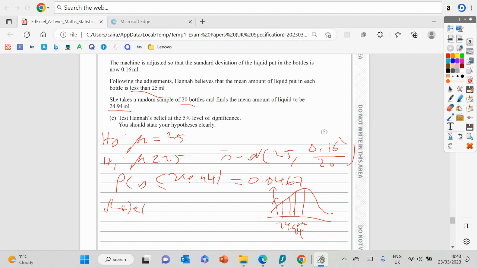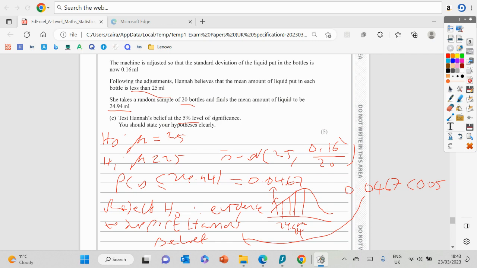So we can reject H0, and we can say there is clear evidence to support Hannah's belief. Or, in other words, if you want to write it slightly differently, 0.0467 is clearly less than the significance level of 5%, and hence you can do the old reject the null hypothesis. There is evidence to support Hannah's belief.